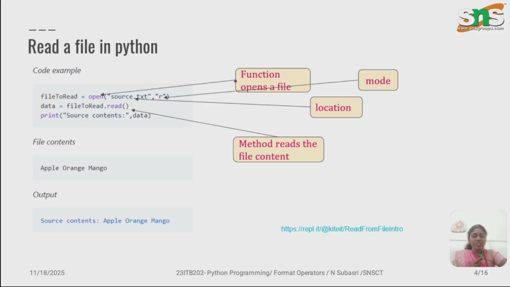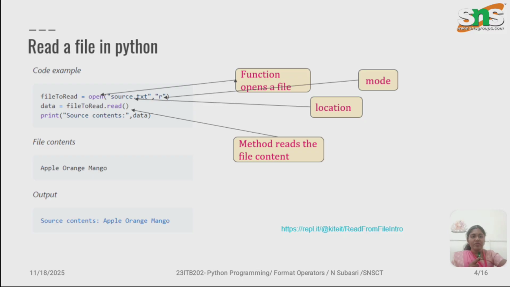After that we can change, append or write to the file. So the data given for the read command is used here. The function to open a file is the open command, and the particular location of the file is specified, along with the mode. It can be read mode, or we can write or append, which we mention with the help of the mode of the file.